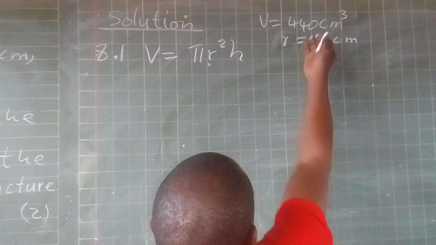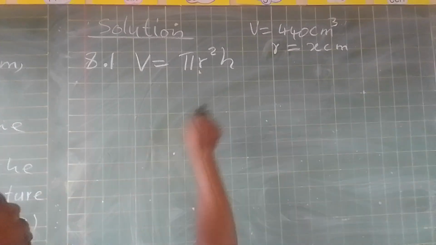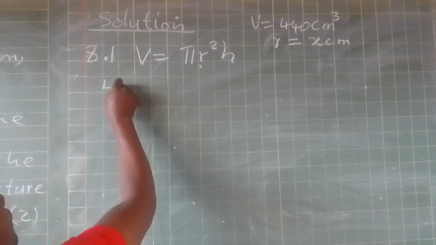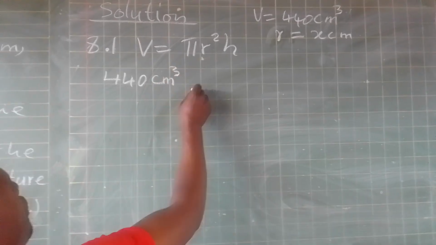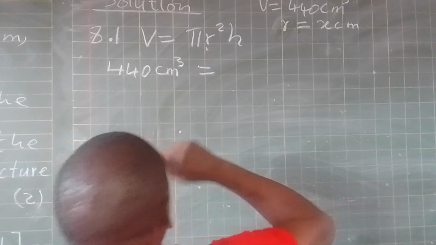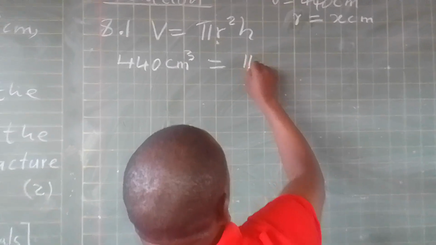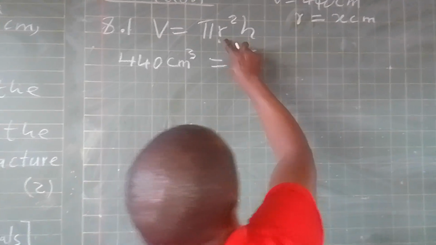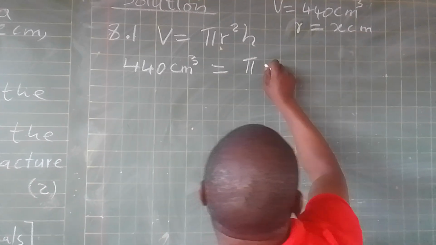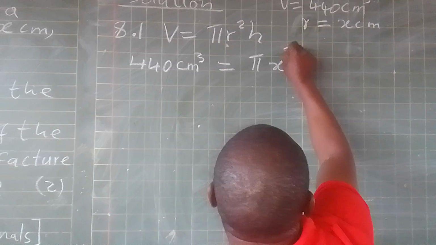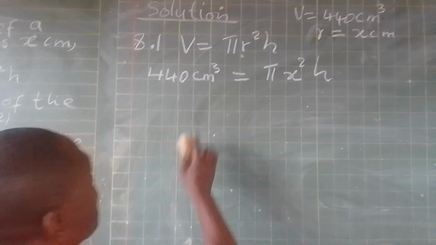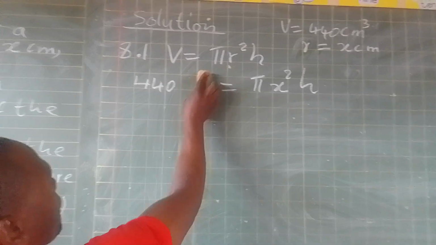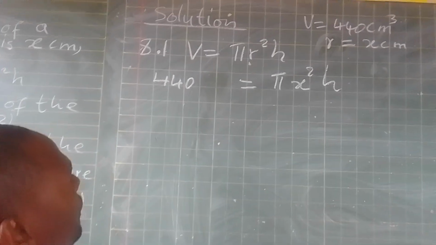Now it's a matter of substituting all the values that were given. The volume, 440 cubic centimeters, is equal to pi, instead of r we put x, squared h. Now we are going to omit the units for convenience sake.